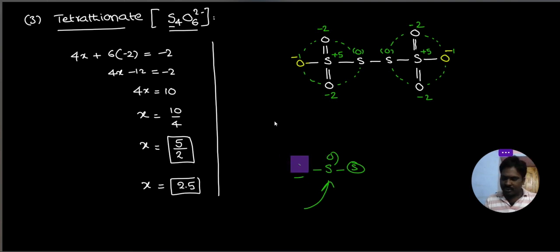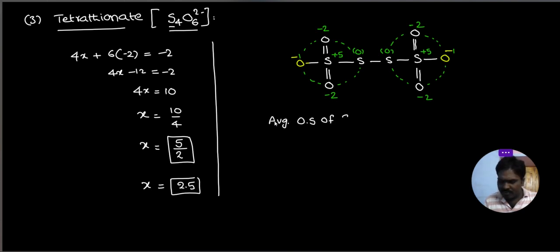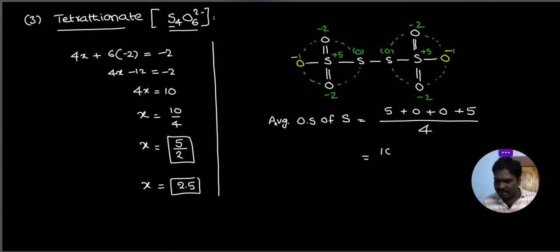Now the average oxidation state of sulfur: how many sulfur atoms? 4. 5 plus 0 plus 0 plus 5, 10 by 4, 5 by 2.